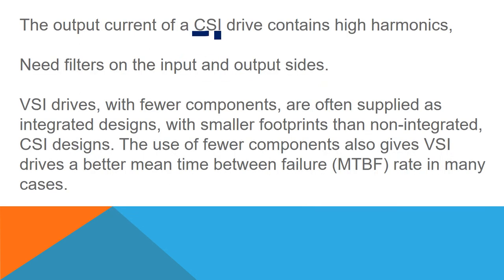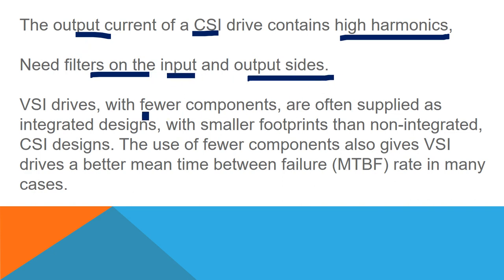The current source inverter will be having higher harmonics in the output, and more filter designs will be required at the input of the supply and the output of the supply. And where the voltage source inverter is concerned, it will be having fewer components, and it is having a lesser failure rate.